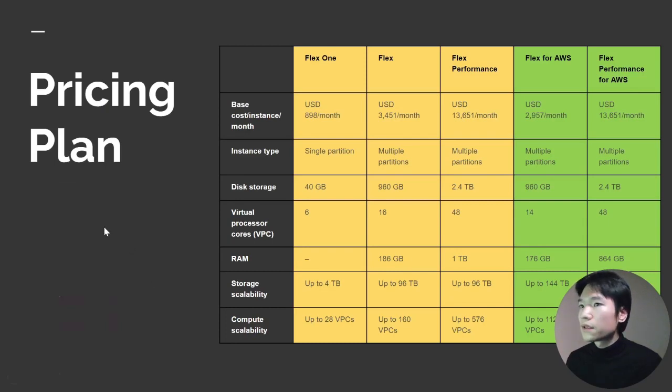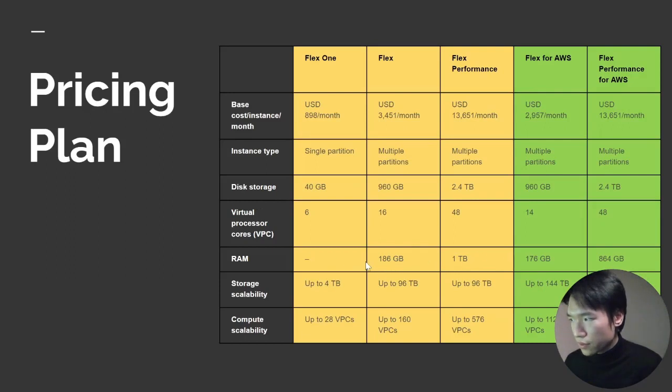So this is DB2 Warehouse's pricing plan. They give five options, and two of them are with Amazon Web Services. The flex option differs by disk storage and number of processor cores, which affects the performance of the product.